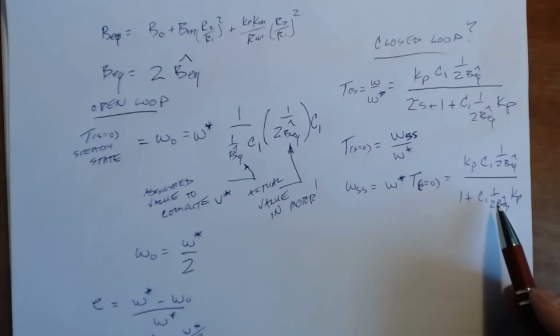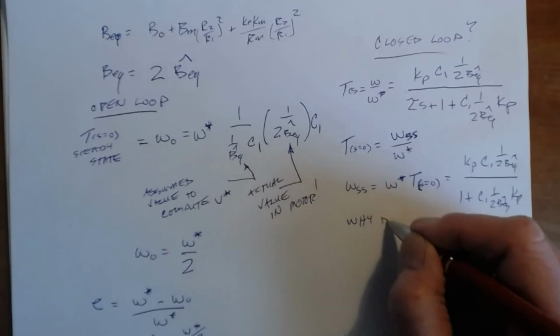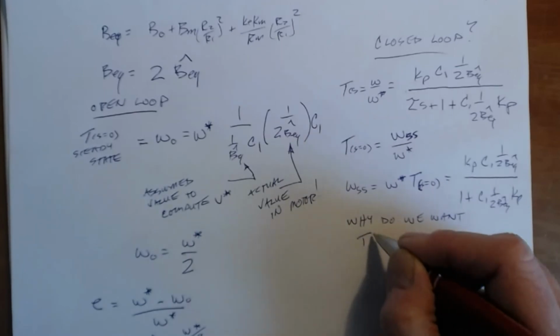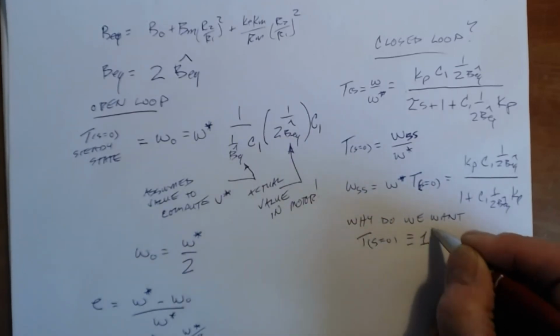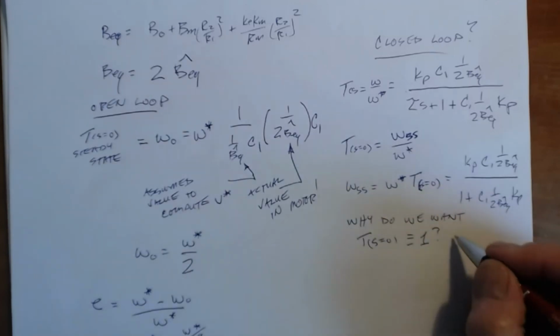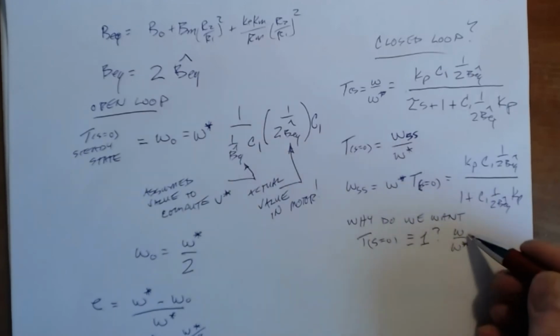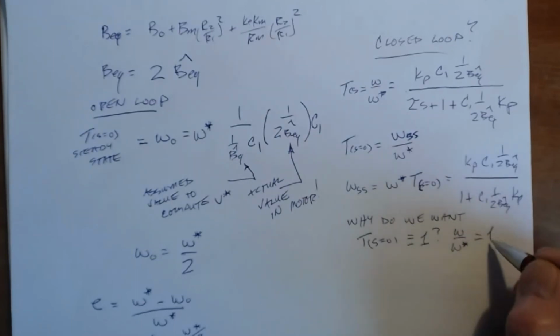Why do we want T of S equals 0 to equal 1? Because that means omega over omega star, the actual output divided by our desired input, is equal to 1, and that tells us omega equals omega star.